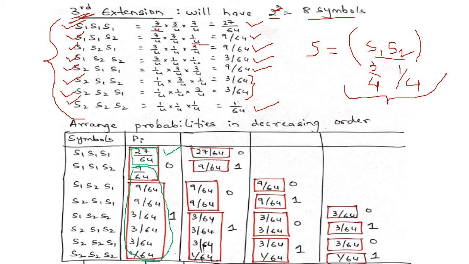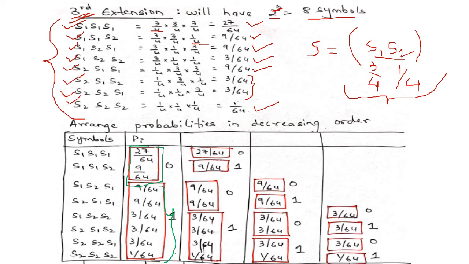But we require both the group probabilities to be almost equal. Hence, instead of having 27 by 64 in one group and the remaining in the second group, we have 27 by 64 and 9 by 64 in one group and all the remaining elements in the second group.